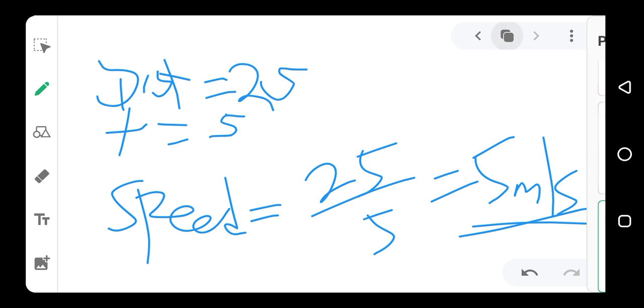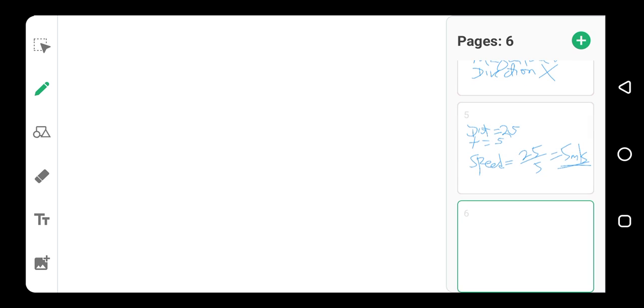Now let's go to acceleration. Acceleration talks about how speed or how velocity changes with time.